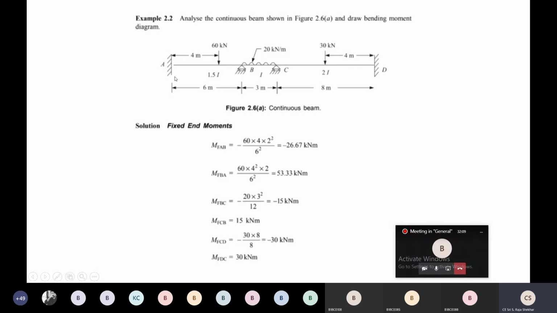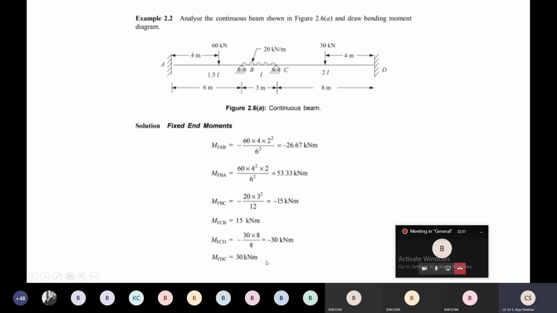The left support gets an anti-clockwise moment, and the right support gets a clockwise moment because of the load. I calculated MFBC as WL square by 12, MFCB as WL square by 12, and MFCD.